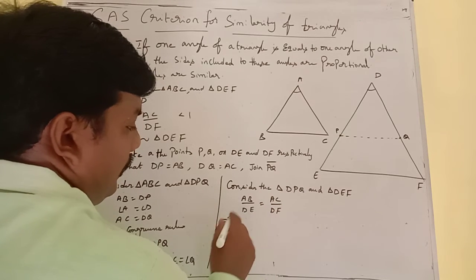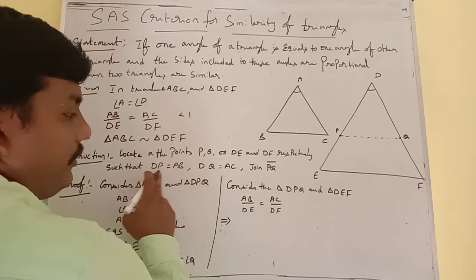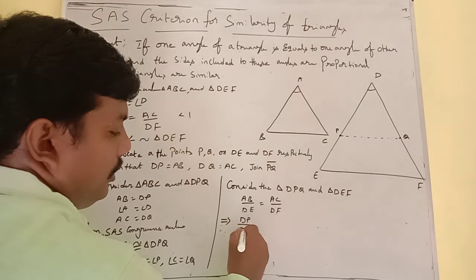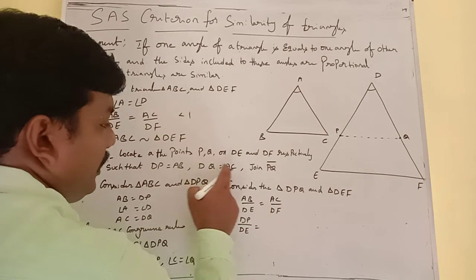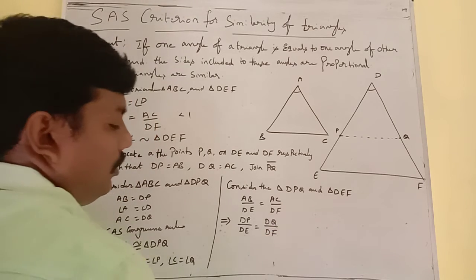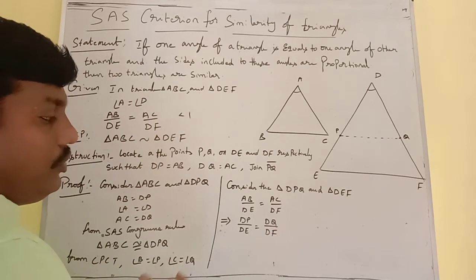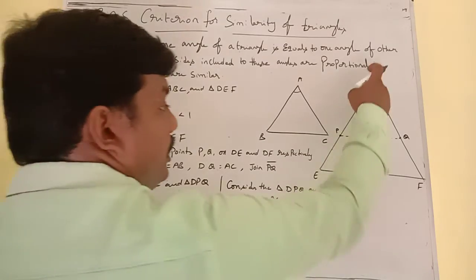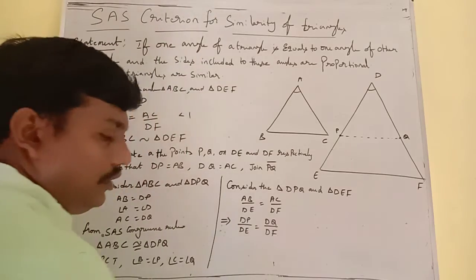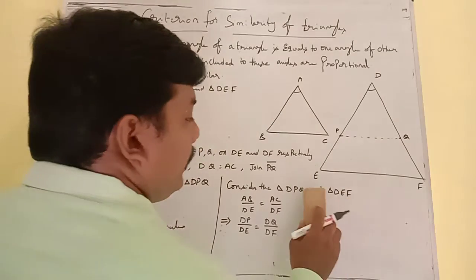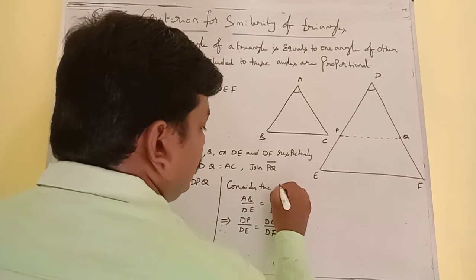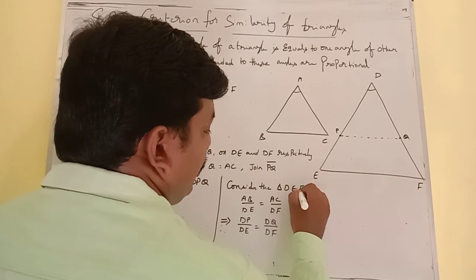That implies in the place of AB we can write DP, since AB is equal to DP, and in the place of AC we can write DQ. So DP by DE is equal to DQ by DF. Now consider the triangle DEF.